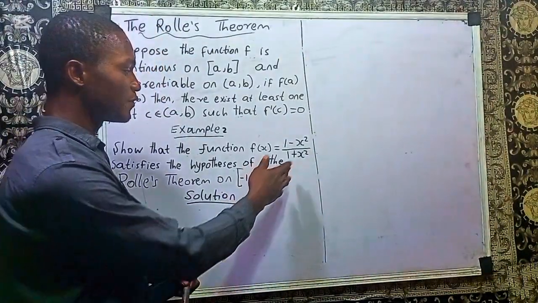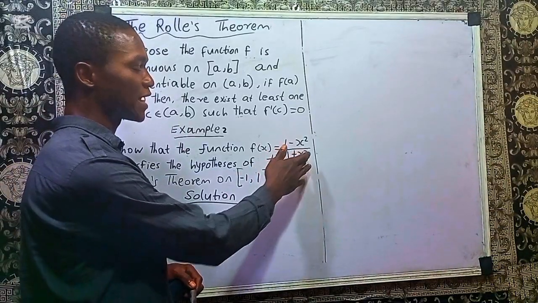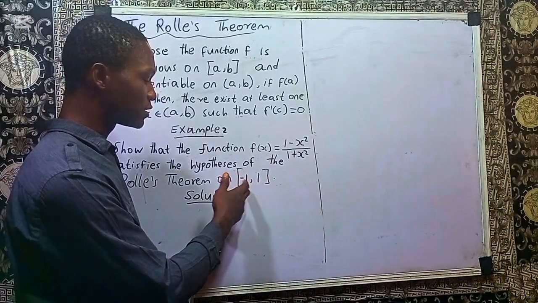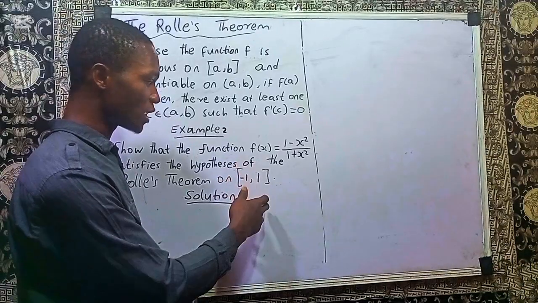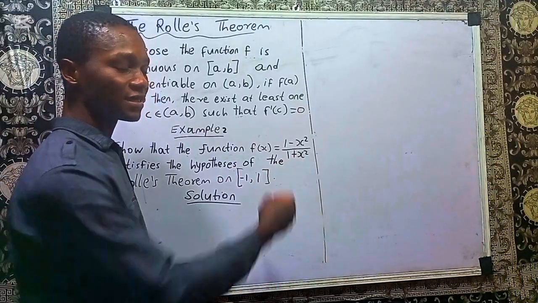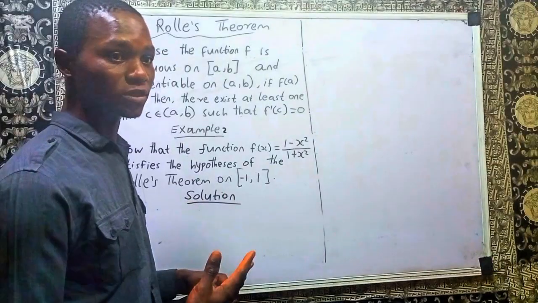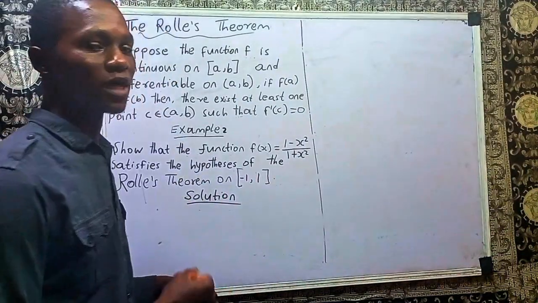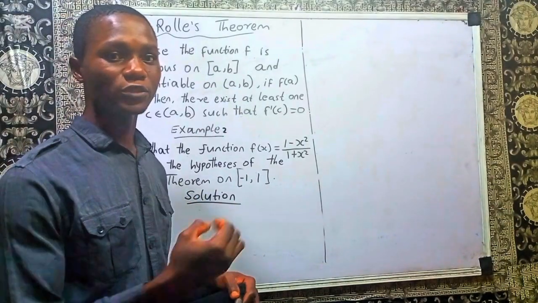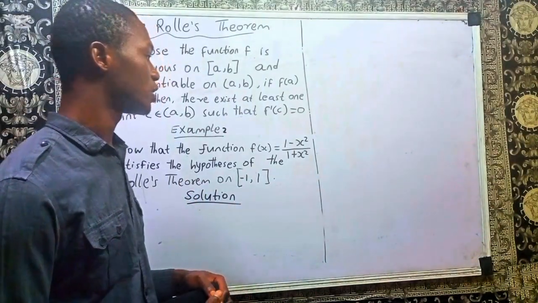Now, at the denominator we have 1 plus x squared. Looking at this closely, for all the numbers from -1 to 1, if you substitute for x and do 1 plus the square of it, you will not get 0.